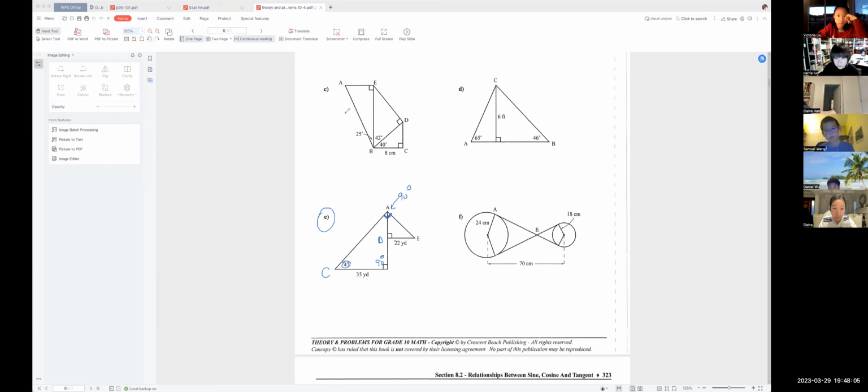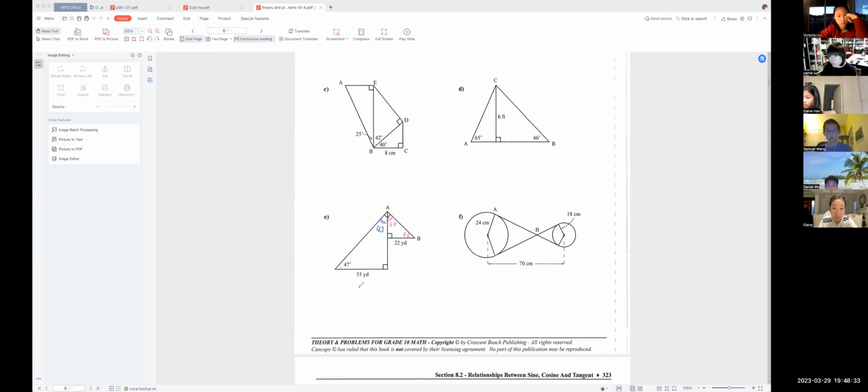Okay, let's take a look at this one. For this question, everybody, we can directly calculate it. What is AB? Because this one is 47, then this little angle is also 43, right? Because 47 plus 43 equals 90. So this little angle is 47, and this one is 43.